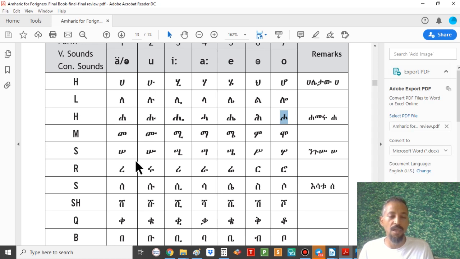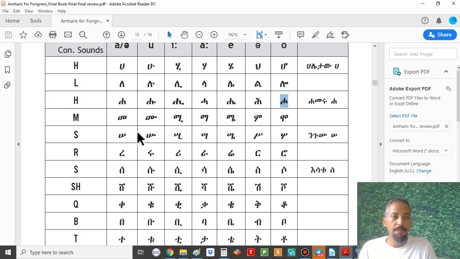We have a few more duplicate sounds, but basically Amharic comes from Ge'ez, the proto, the mother language, which is a church language now, restricted to the church service. And in Ge'ez, all these different letters have different meanings, and it's so rich and deep.